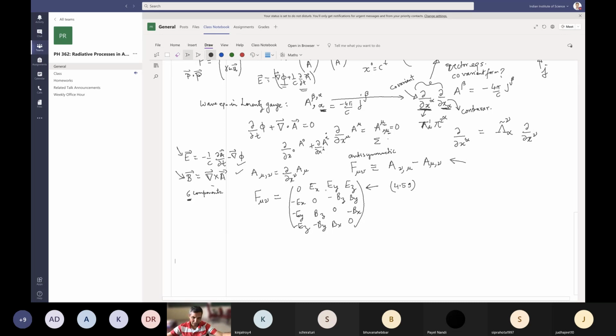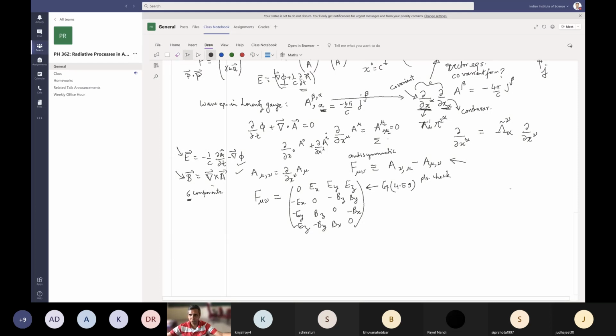In the book the signs are all reversed, but I think this is correct. I also checked it in Jackson, so please check. Maybe I have missed something, but please check that equation 4.59 in the book should have negative values of what they have in the components.